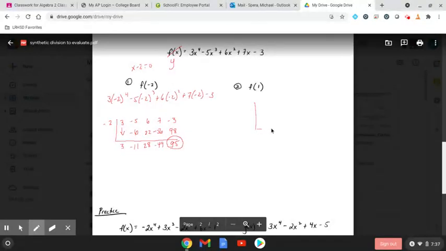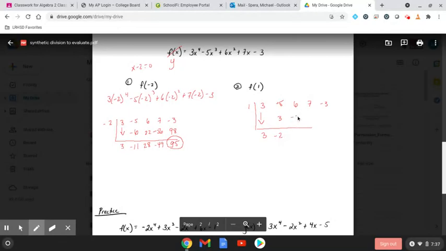Let's try this one. Again, we'll line up our coefficients. Whatever that number is, it goes on the outside. It's not the opposite. So we put 1 on the outside. We drop down 3. Get a -2.